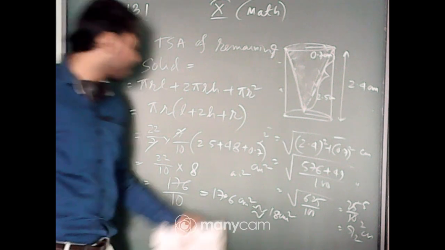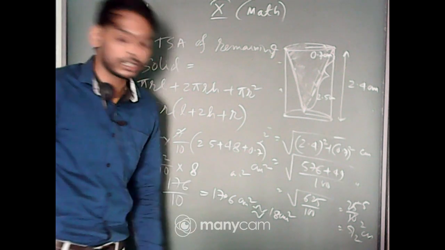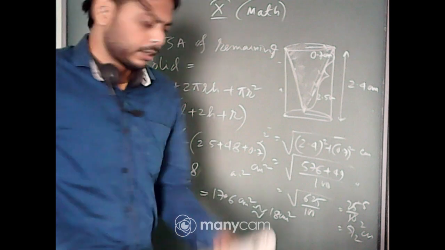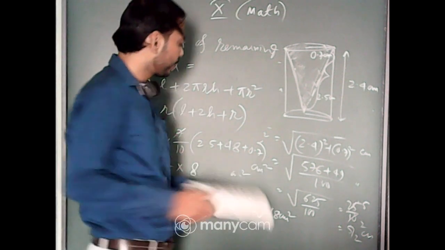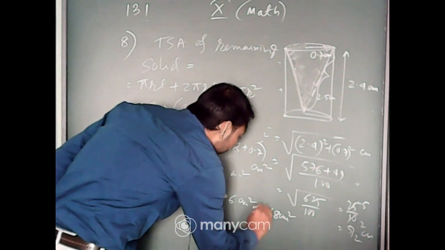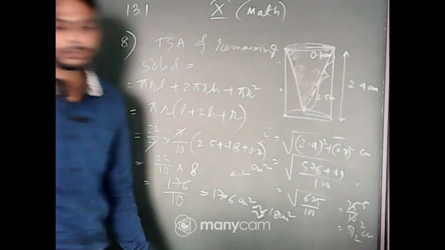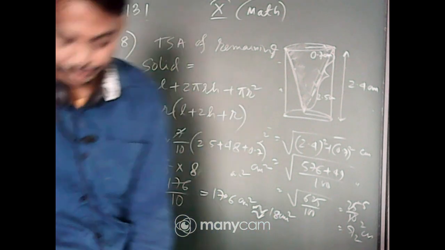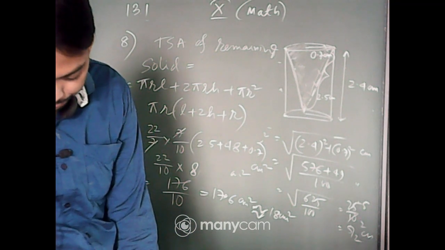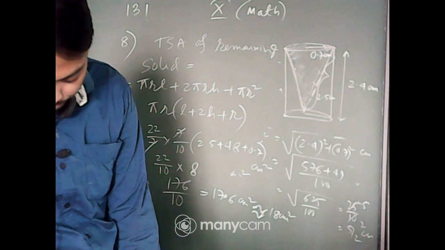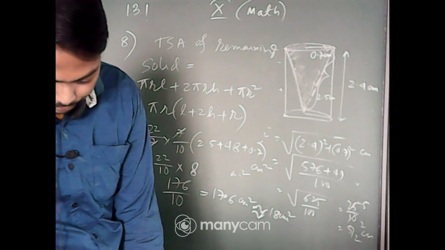But first of all, you have to write here 17.6 centimeter square. Then approximately, after doing the rounding off, it will be 18 centimeter square. Any question, any queries regarding this one?